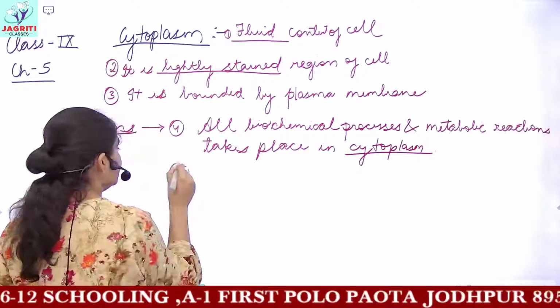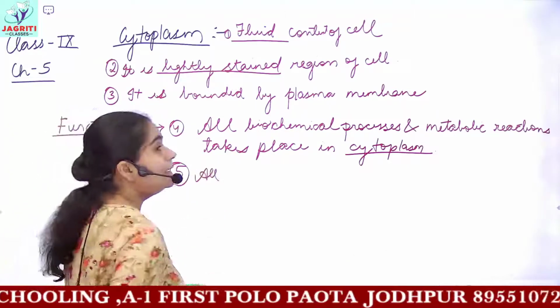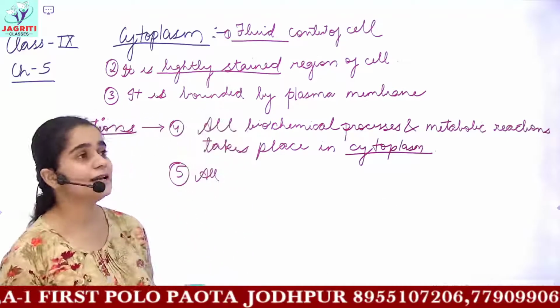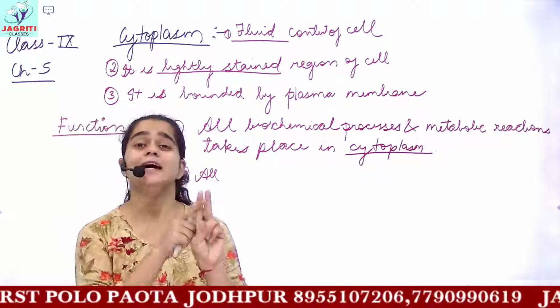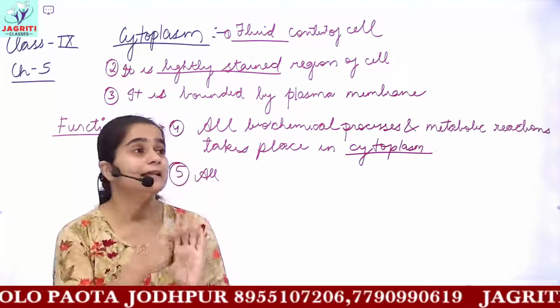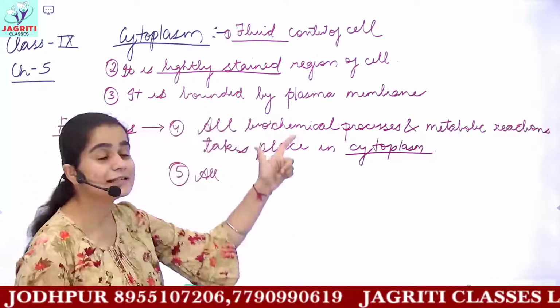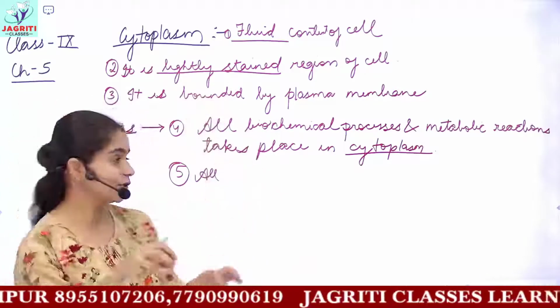Next, you can write that all cell organelles, as we'll discuss in further videos, like mitochondria, lysosomes, Golgi apparatus, then you have endoplasmic reticulum, plastids, all these cell organelles float in cytoplasm.